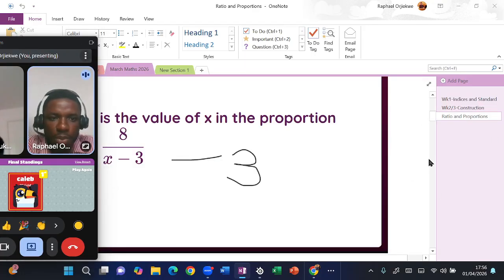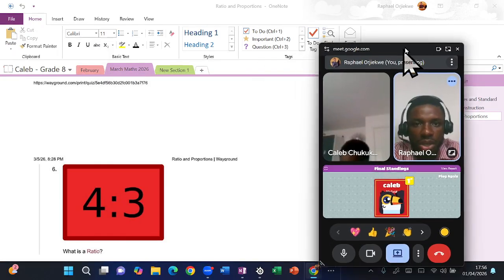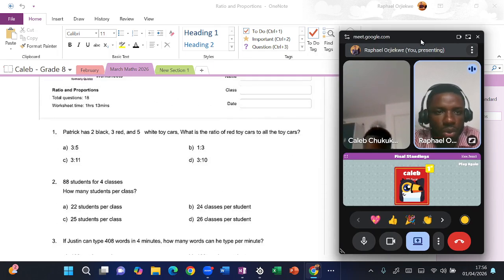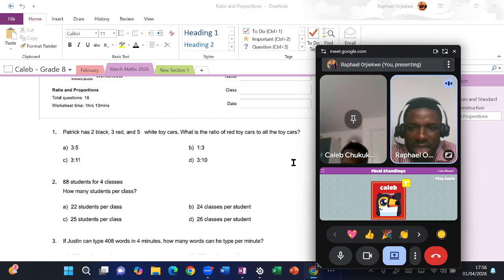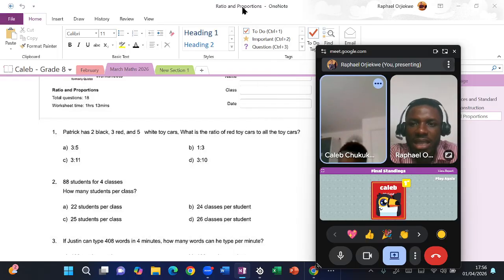If you go to ratios and proportion, you can go there now. Do you have the link to your OneNote? Okay, you still have it. So go to your OneNote. Go to ratios and proportion in March. I don't want to repaste that in April again. Then try to answer the questions there. You can start answering it right now.